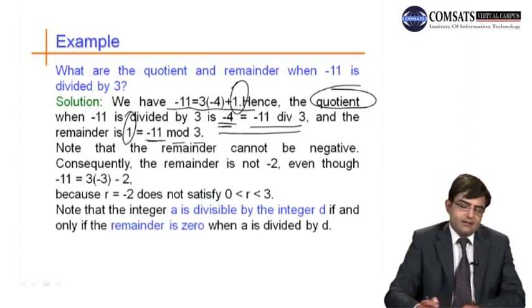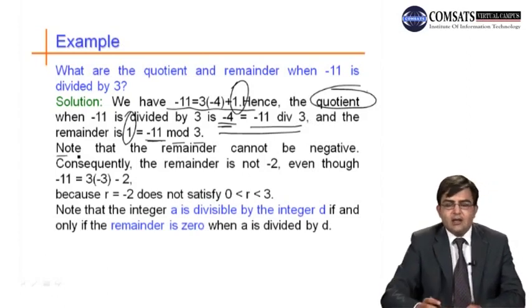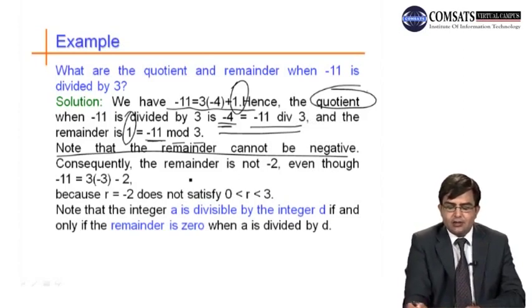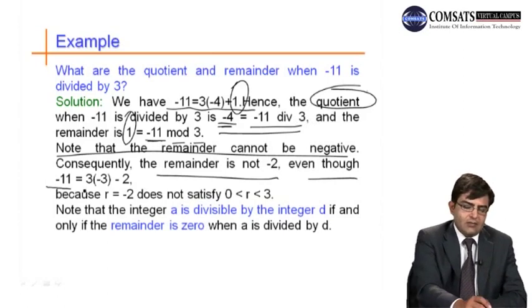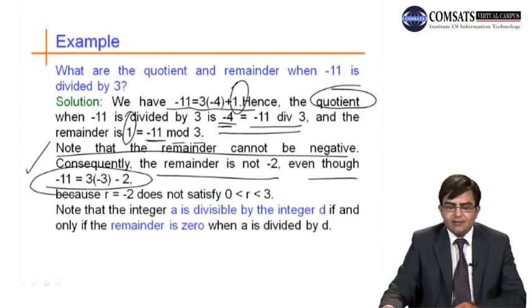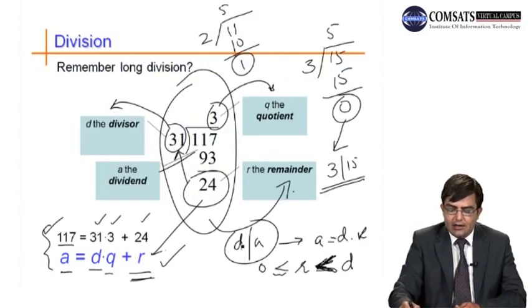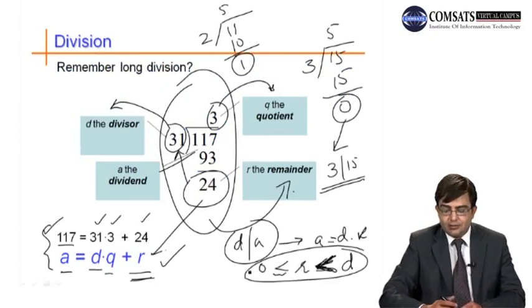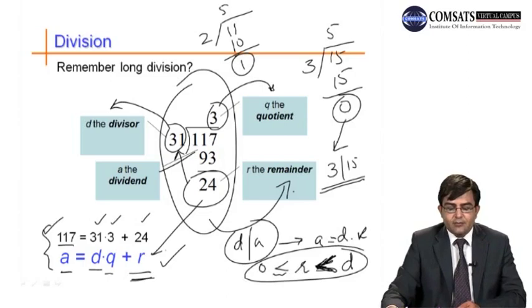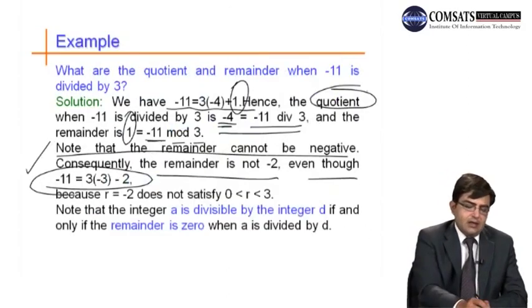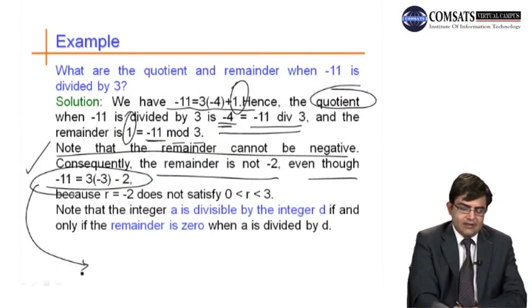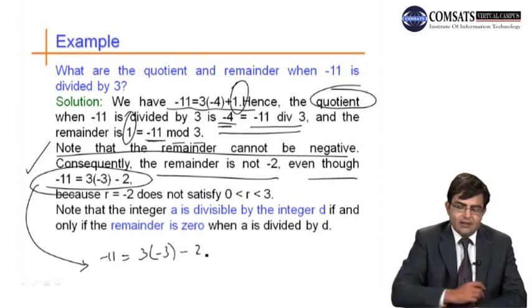Note that the remainder cannot be negative here. Consequently the remainder is not minus 2, because in the definition we discussed that r must be greater than or equal to 0 and less than the divisor. So r cannot be negative. Even though minus 11 can be written as 3 times minus 3 minus 2, here the remainder is negative.